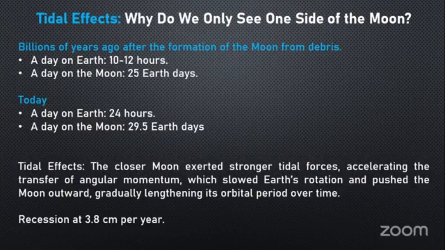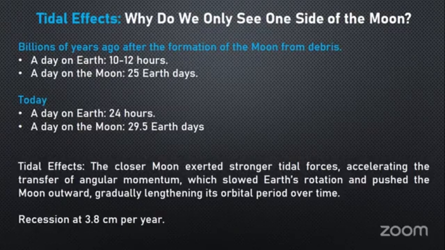Billions of years ago, after the formation of the moon from debris, a day on Earth lasted between 10 and 12 hours. Remember, today one day is 24 hours, but then it was 10 to 12 hours.